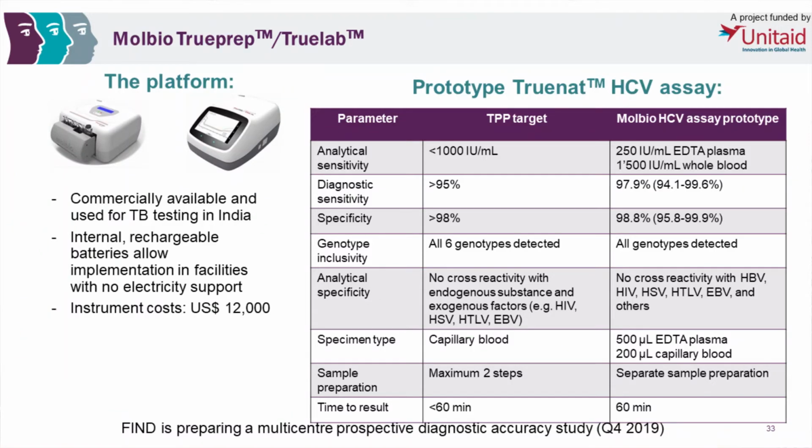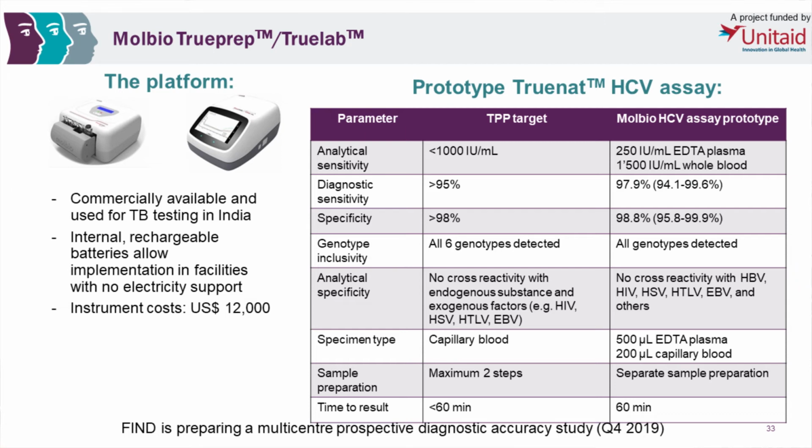So next we have some up-and-coming technologies. One of these is the MolBio TruePrep. So MolBio is a commercially available platform which is used for TB testing in India. It has internal rechargeable batteries. This could allow for implementation in facilities without electricity support. And currently they are finalizing the development of the hepatitis C assay for this platform.